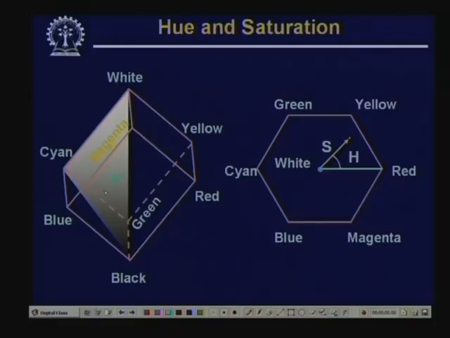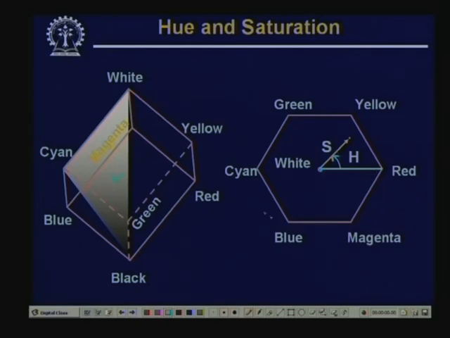So, the hue can be computed like this: it is the angle between the straight line, which is the projection of this shaded plane, and one of the primary colors, and normally this primary color is taken to be red, and this angle is normally measured in the anti-clockwise direction.